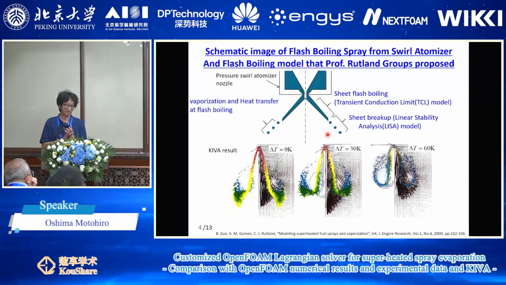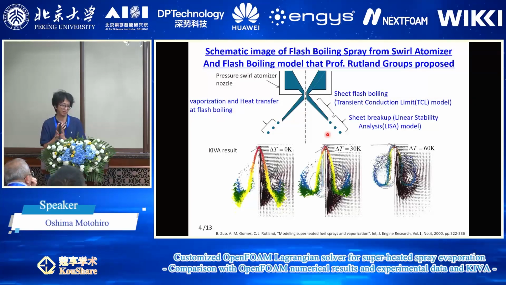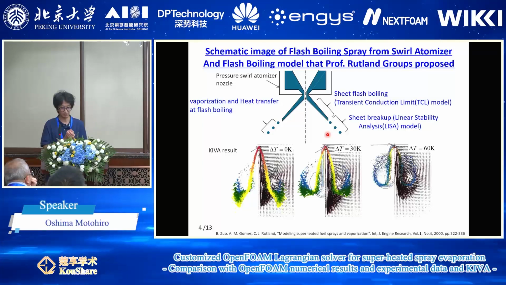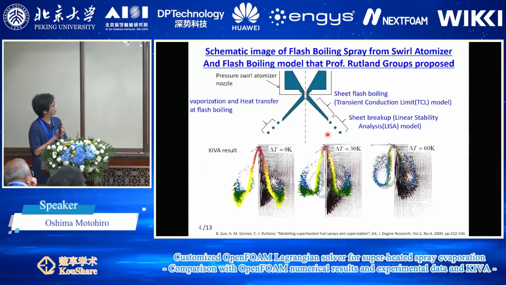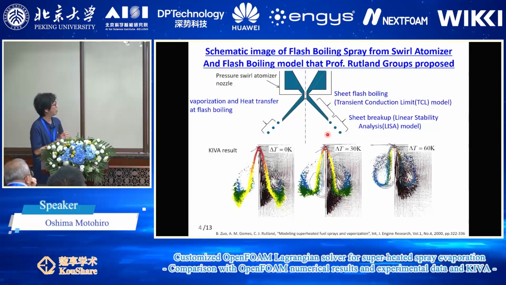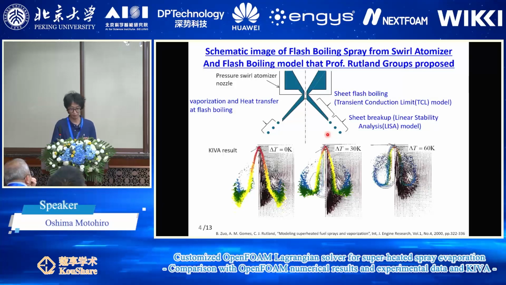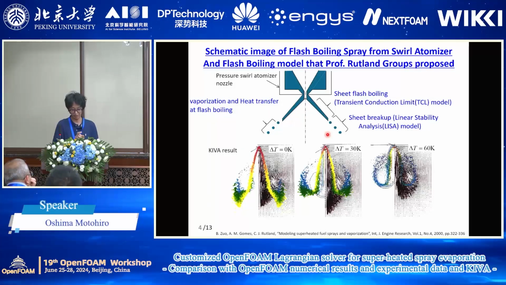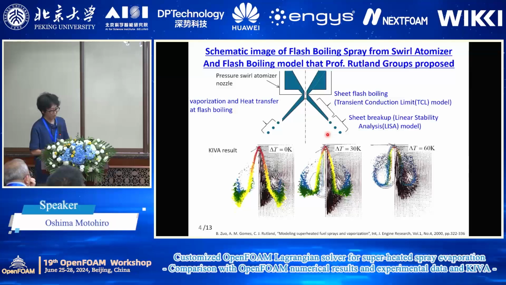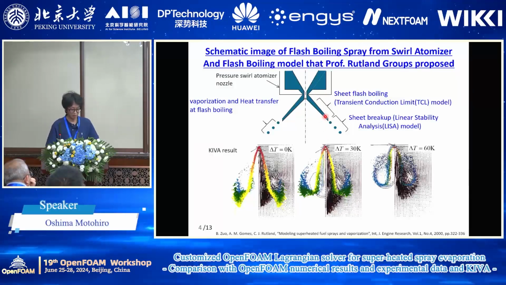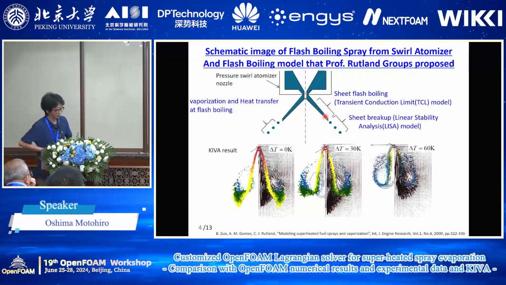This slide is a schematic image of flash boiling spray from a swirl atomizer. This flash boiling model was proposed by Professor Rutland's group. This figure is a pressure swirl atomizer nozzle.